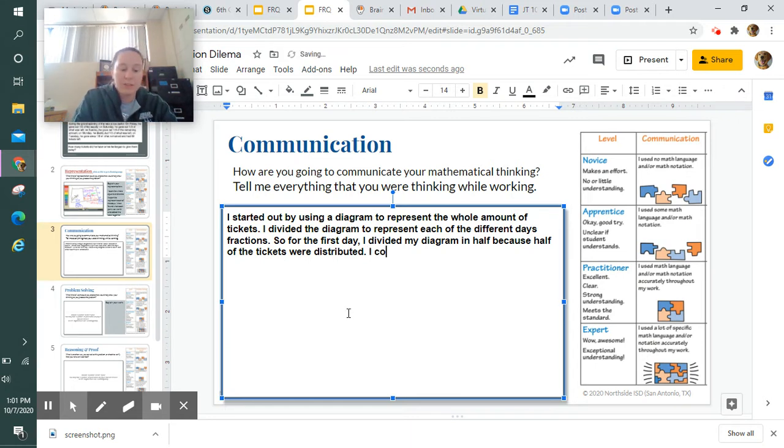I continued dividing it evenly based on our fractions that we were given, until I got to the last day.